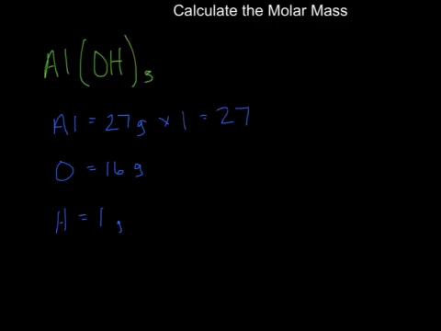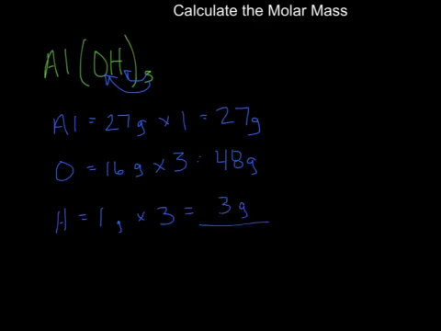Simple math there. Multiply our oxygen by 3 and multiply our hydrogen by 3. Our oxygen comes out to 48 grams and hydrogen 3. Add them up. We're at 78 grams.